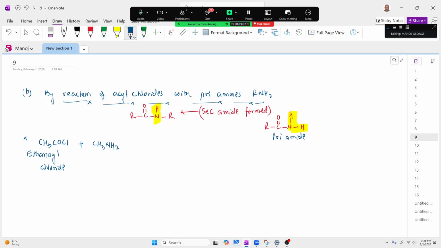So this is my primary amine. How do I know it's primary? Because I see the NH2 there. So this is methylamine. Okay, so why don't you go ahead with this equation? And once you finish, you can try this one.